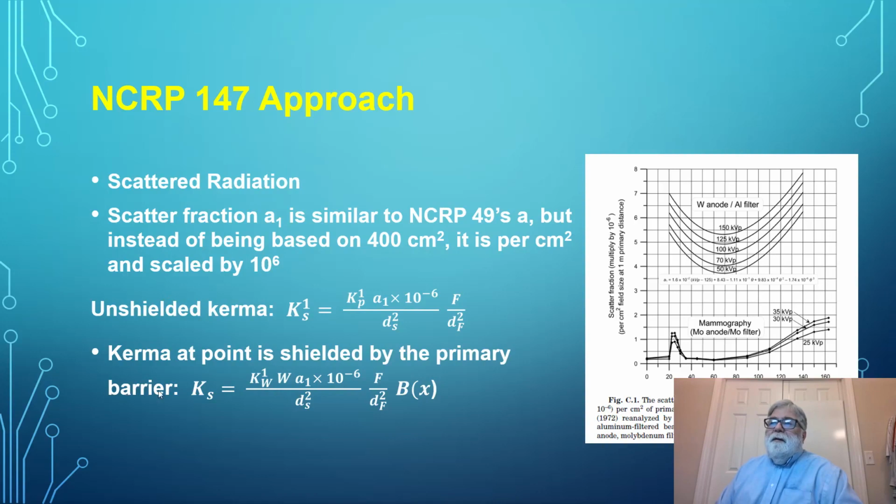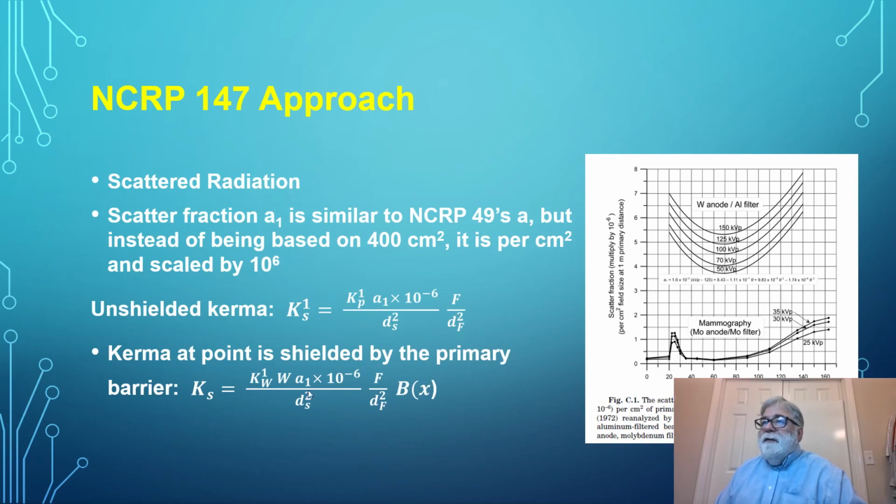So the kerma for the barrier at some point is related to the kerma per patient times a factor that relates to the field size over our D. F is the field size in square centimeters.